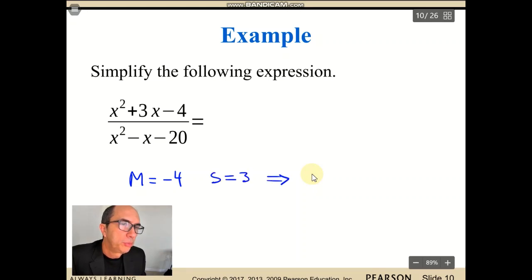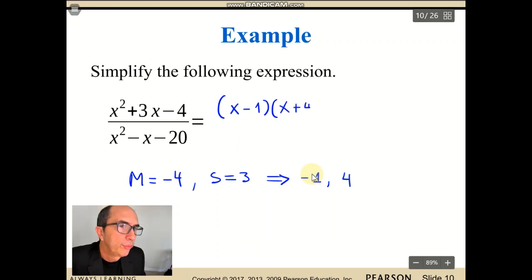I can think about -1 and 4. Check it out: multiply, -4; sum, -1 plus 4, 3. So we can factor this as x minus 1 times x plus 4.